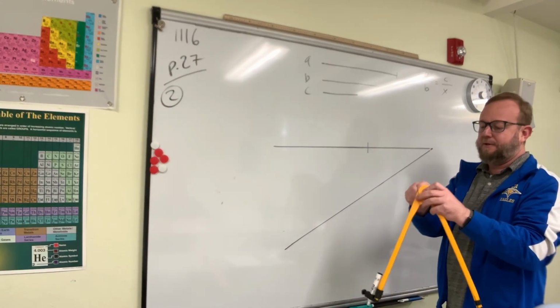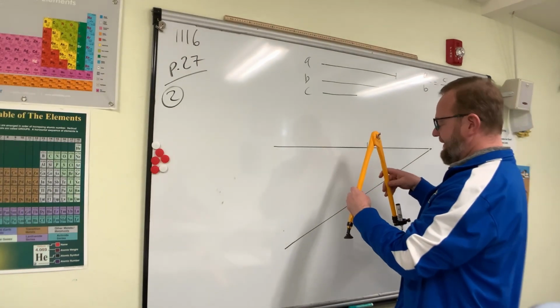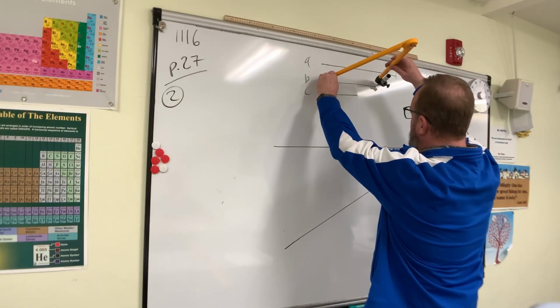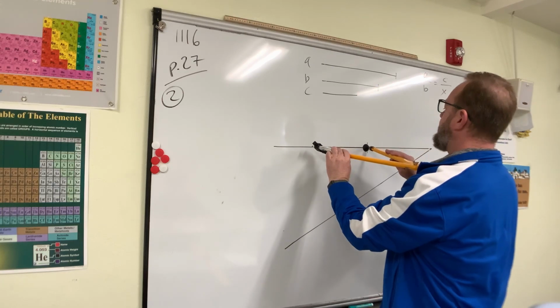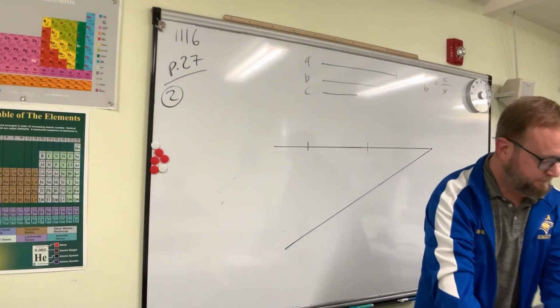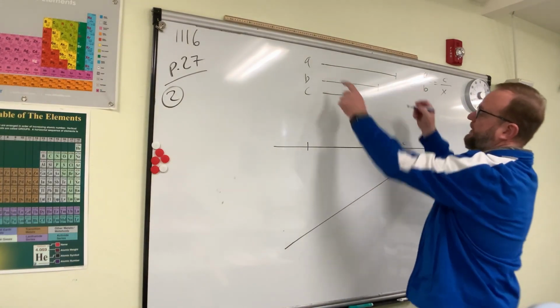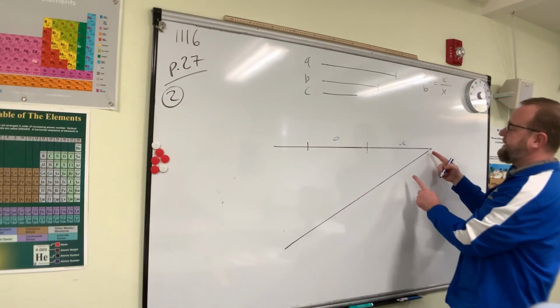Keep your compass nice and tight so it doesn't change lengths on you. And let's see if I can create B now. There's B. So this section here was A, that A, and this is B. This A over B is C over x.